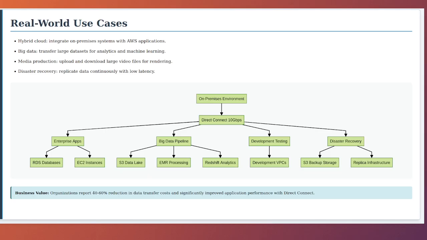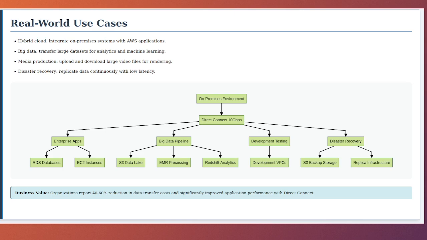The second use case is big data and analytics workloads. A healthcare organization collects massive amounts of data from hospitals, clinics, and medical devices. This data resides in their data centers and needs to be transferred to AWS for processing with services such as Amazon EMR, Amazon Redshift, and machine learning services.